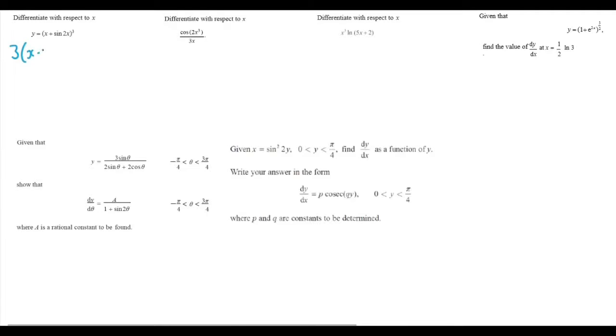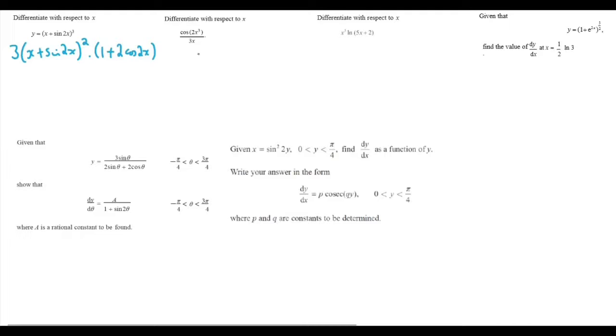Then the bracket, as it usually would be, so x plus sine 2x, drop the power by 1, and then this will be timesed by the differential of this bracket. x differentiated to just 1, and the sine 2x, as above, is going to become 2 cos 2x. You have no obligation to actually times these out together, like expand the brackets or whatever. You can just leave this like this.